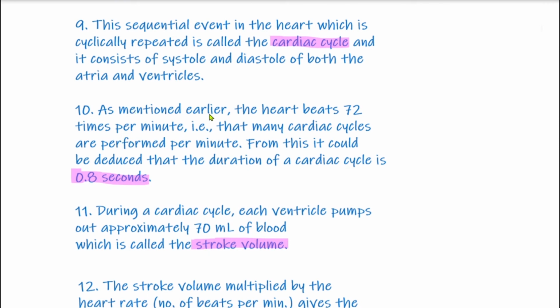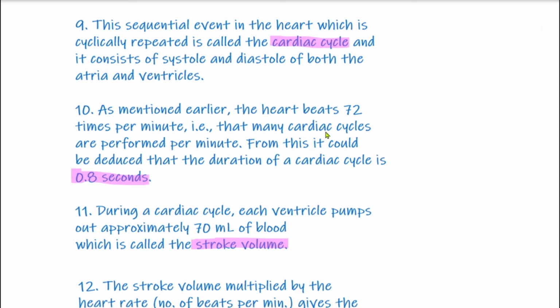As mentioned earlier, the heart beats 72 times per minute. That is, that many cardiac cycles are performed per minute. And students, SA node generates impulses about 72 times per minute.